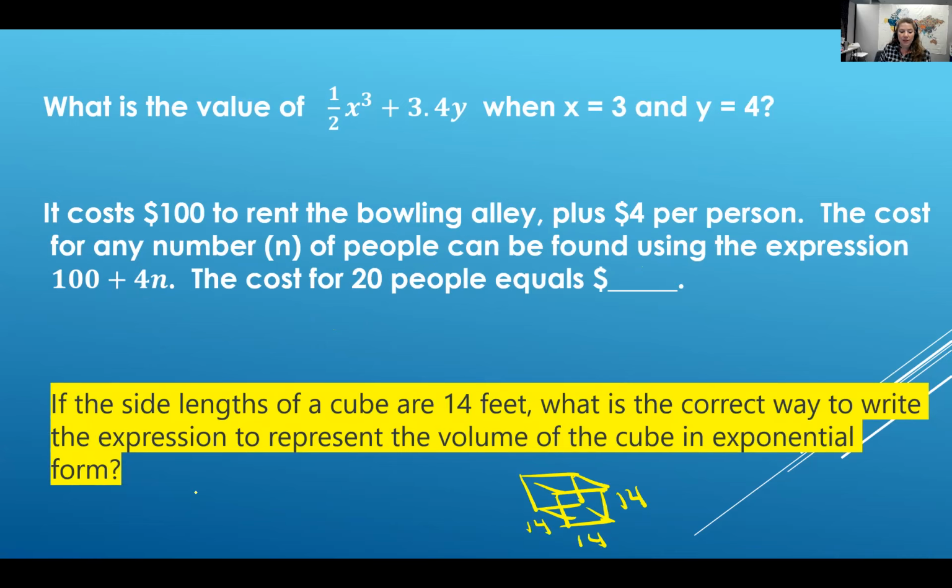The volume is the side length cubed, because it's width times length times height. So in exponential form, the volume would equal 14 cubed. That's what it asked for, exponential form, so that's the answer it's looking for. And of course, it'd be better if I wrote feet: 14 cubed feet.